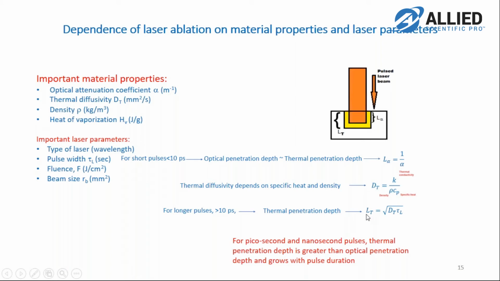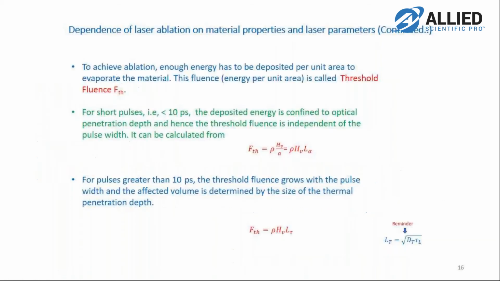So LT would be greater than L alpha. Now, this is for greater than 10 picosecond pulses. So this LT, the thermal penetration depth, is a function of the thermal diffusivity and the pulse width. So there's a pulse width dependence. The larger the pulse width, the larger is the thermal penetration depth.